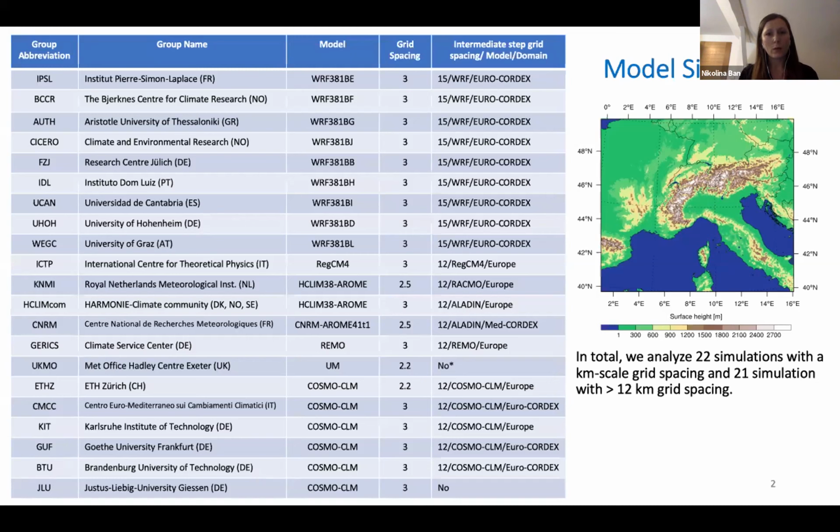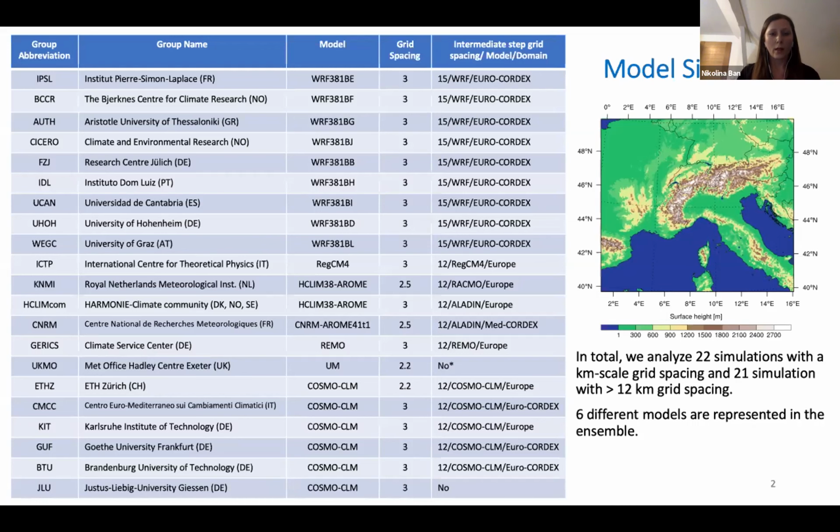And most of them also have an intermediate step with a grid spacing of 12 kilometers or larger. We also take these simulations into the analysis to compare the difference between the high resolution simulations and these coarser ones. As you will see here, there are two groups that do not use this intermediate step, and this is the UK Met Office and the University of Gießen.